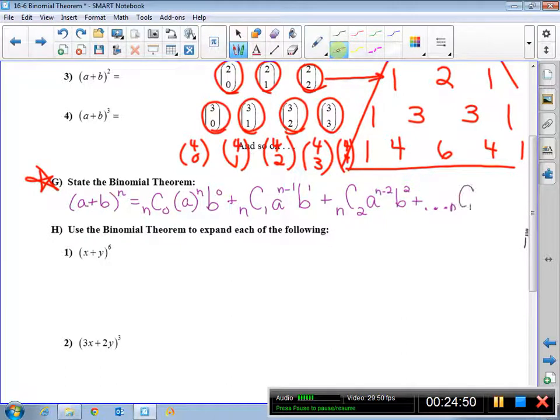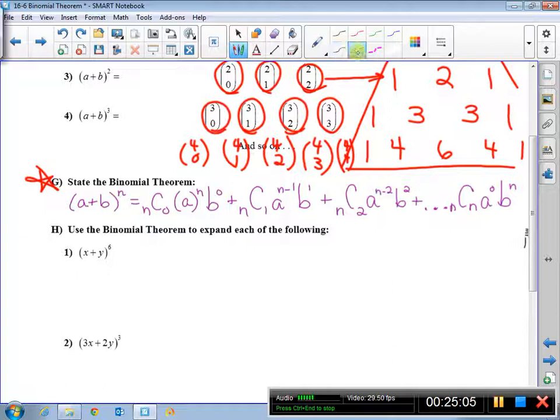N choose n would be the last term: a to the 0, b to the n. This is not doing anything new that we didn't already do on the first page.